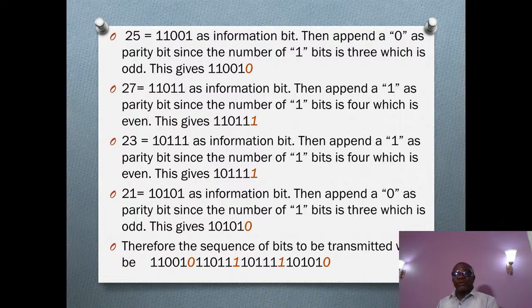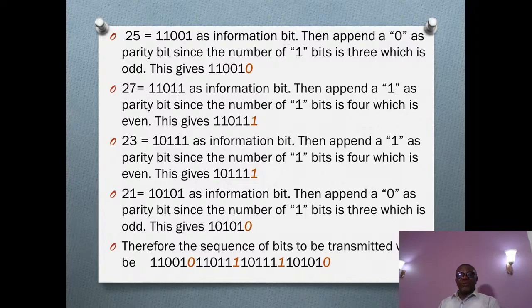Then what do we do? We append a 0 as parity, since the number of 1 bits is 3, which is odd. Then when we append that 0, it gives us 110010. We show that parity bit by putting it in italics and in color.